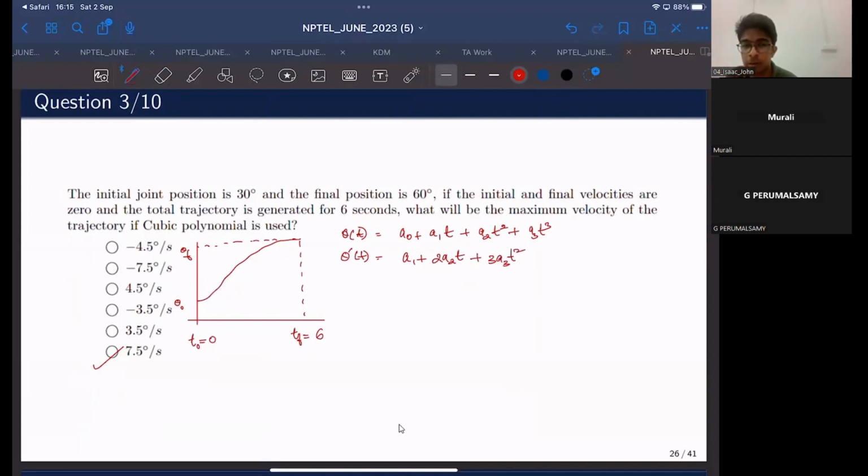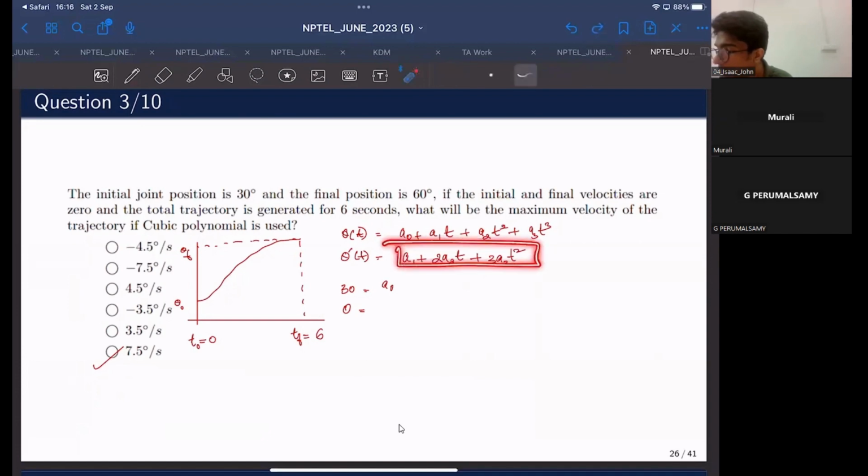If you substitute the boundary conditions, the initial position is 30 degrees at time t0, so a0 is 30. The initial velocity is 0, so substituting t as t0 into the velocity equation, you would end up with 0 as a1.